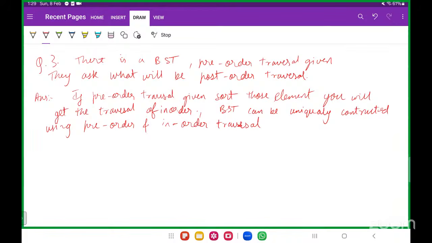So now, once pre-order and in-order are given, you are able to construct the tree.